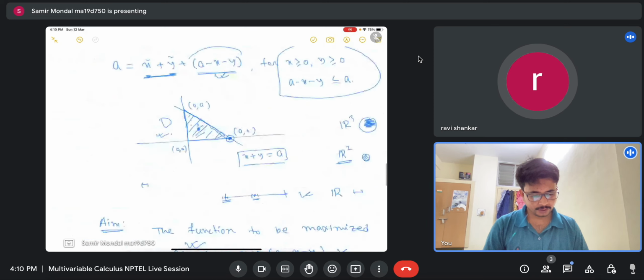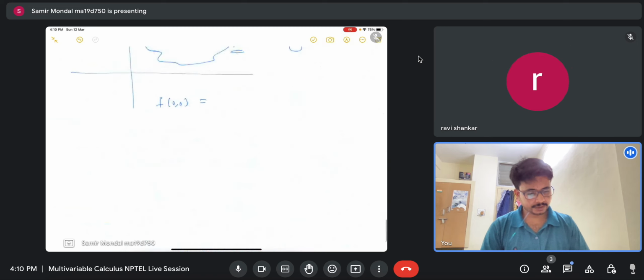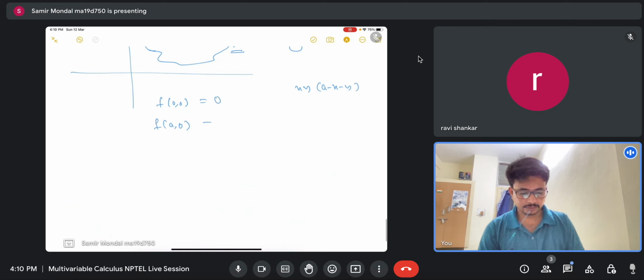The product should be 0. Your function is x y (a minus x minus y), this will be 0. If a is 0 also 0, only this one is there.